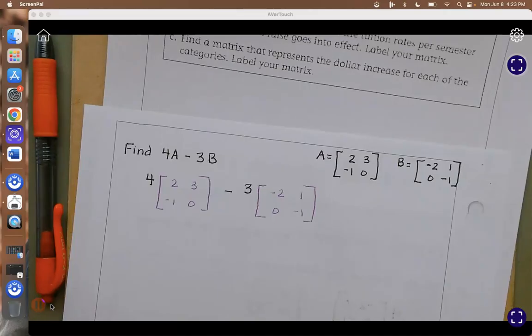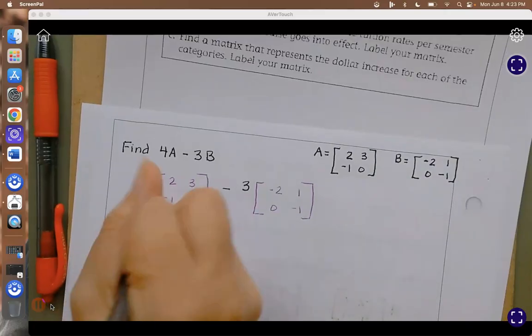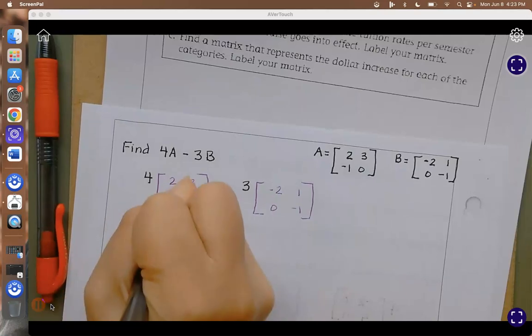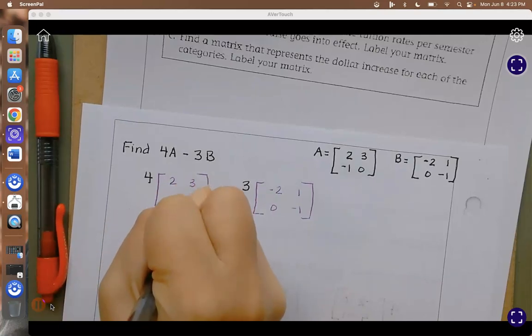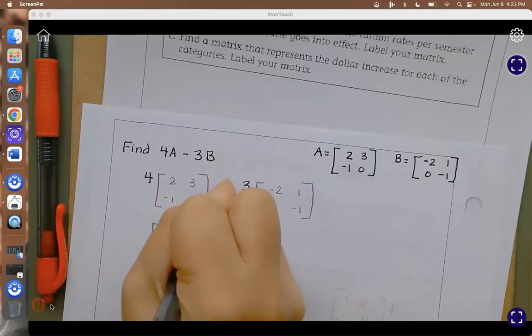So I'm going to multiply these things first. So this one's going to be 8, 12, -4, 0.